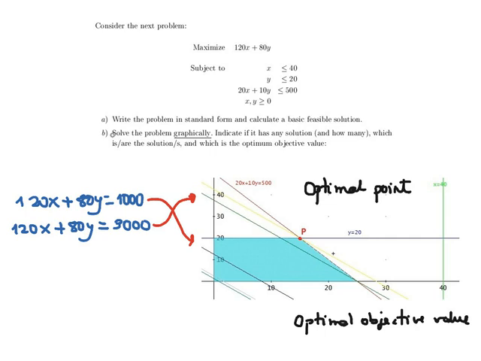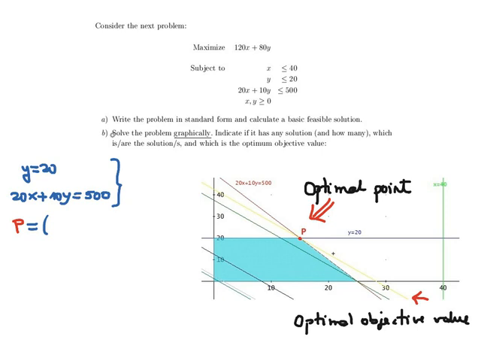So we arrive at the conclusion that the optimal objective value is on the straight line in yellow color, this one here, and that the optimal point is this vertex in the feasible region, point P.